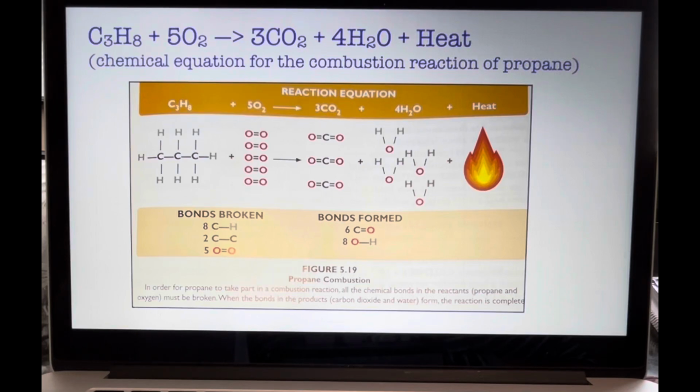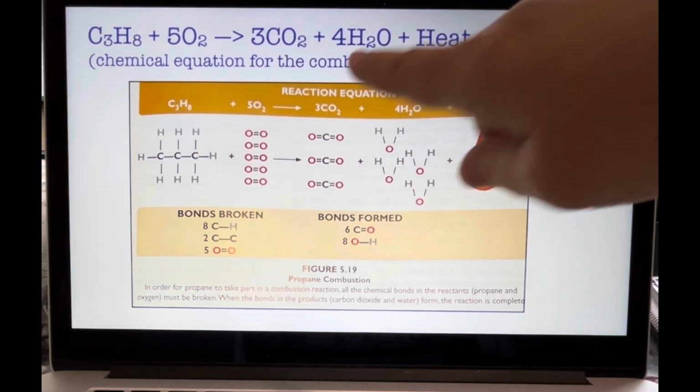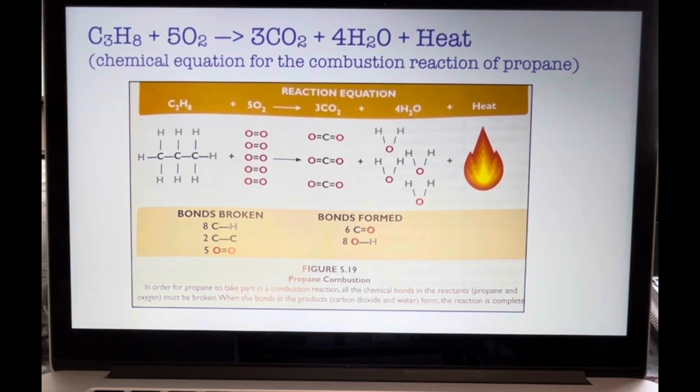When the chemical bonds form, energy is released. So the heat and light you see when you start up your grill come from the formation of new chemical bonds. Once all the bonds in the propane and oxygen models are broken, the carbon, hydrogen, and oxygen atoms rearrange to form molecules of carbon dioxide and water.